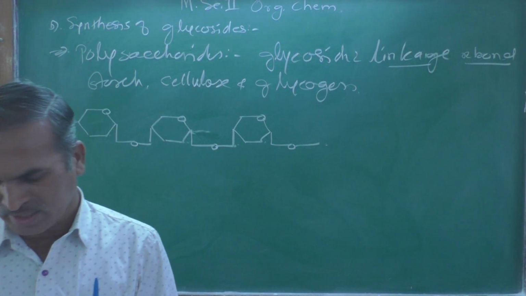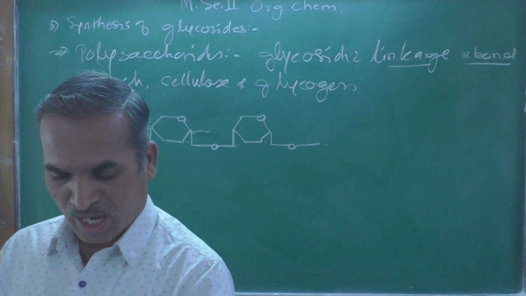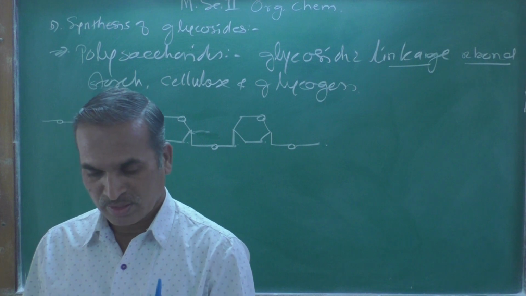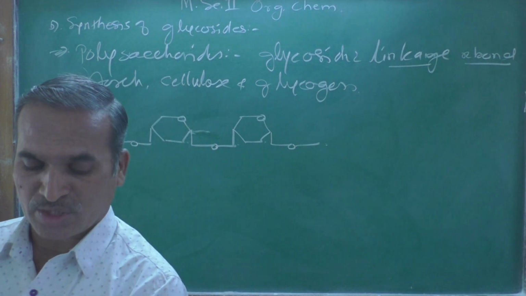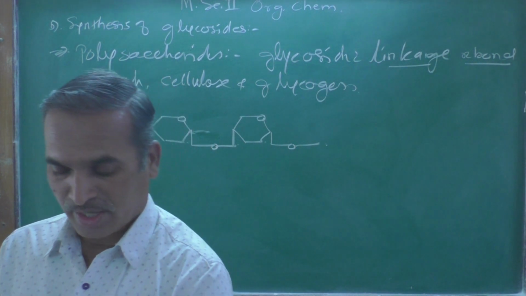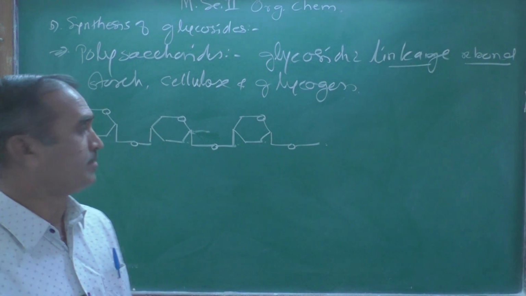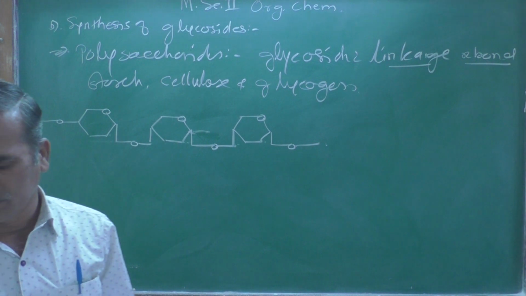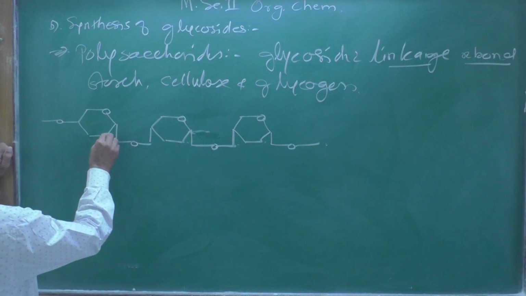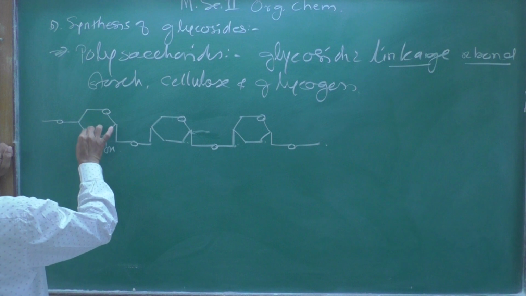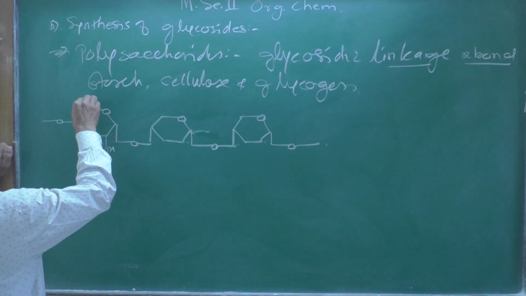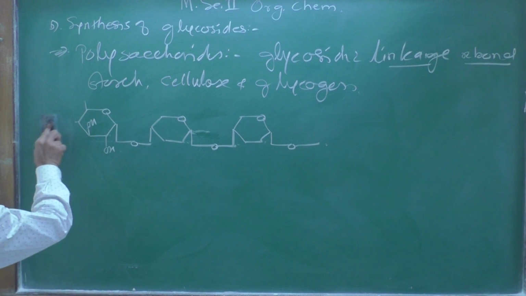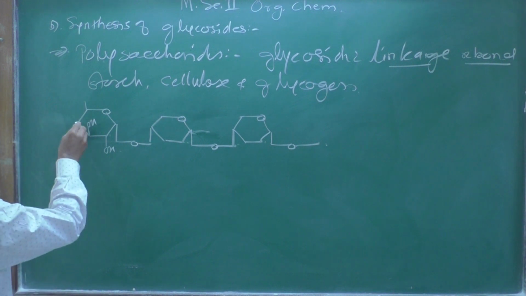As we know, how glucose is formed, that we are going to learn first. Let me draw some structure and later we will discuss it. Here the hydroxy group is generally shown below the plane, here above the plane, and let me make the correction over here.